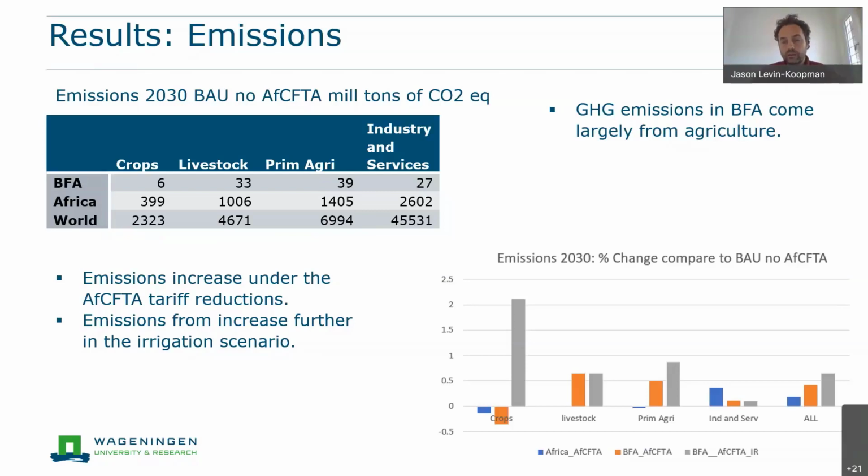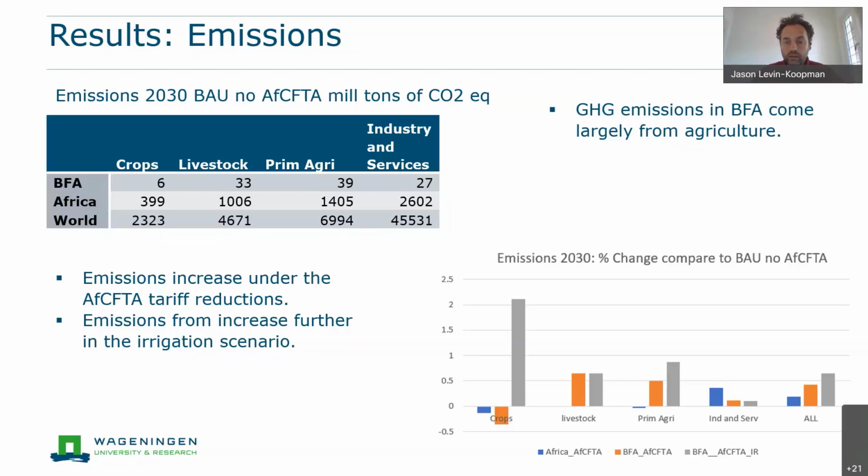The bottom right table shows the percent change in emissions for the AfCFTA, both with and without the irrigation expansion. This is compared to the business as usual.